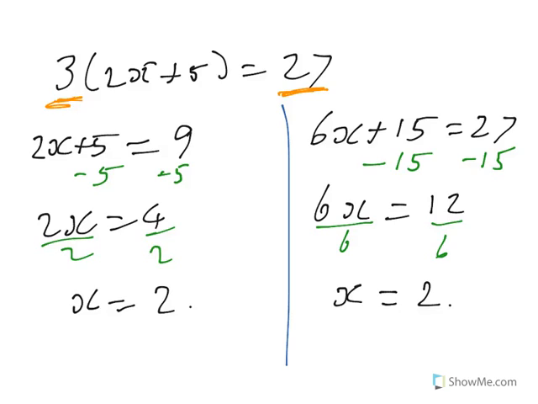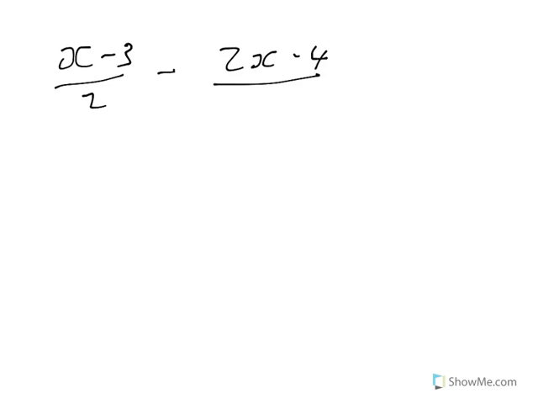Alright, then we've got some things where we might have, say, some fractions. And so I'll do an example. So here's an example with some fractions. x minus 3 over 2 minus 2x minus 4 over 3, and that equals 5.